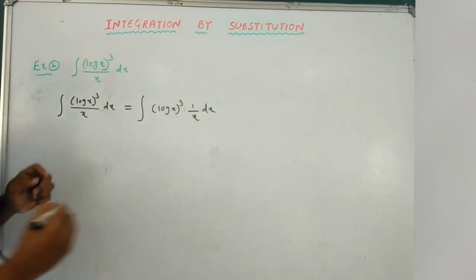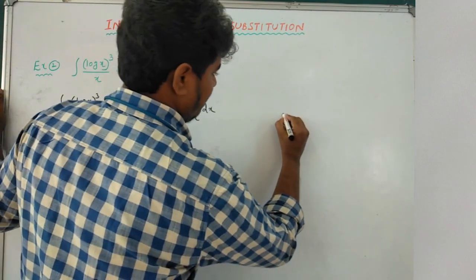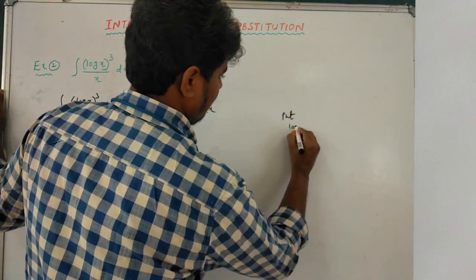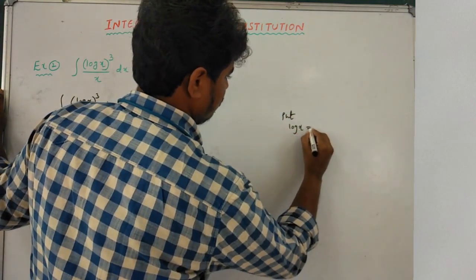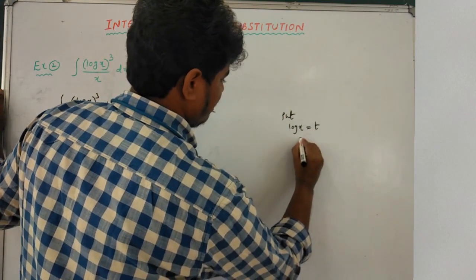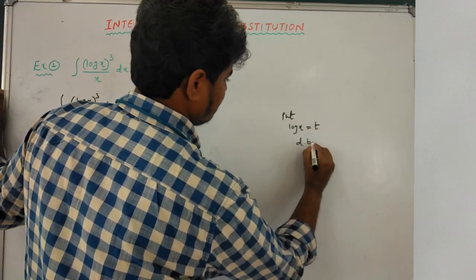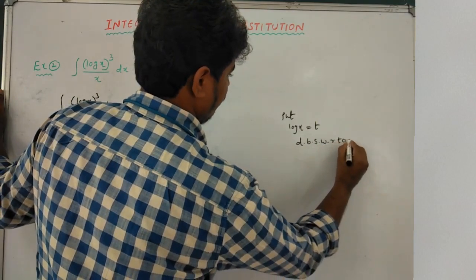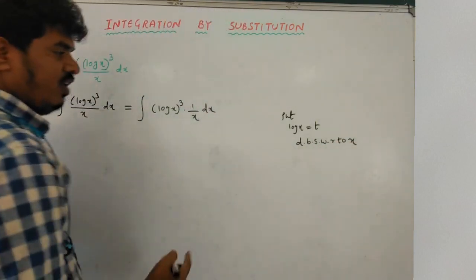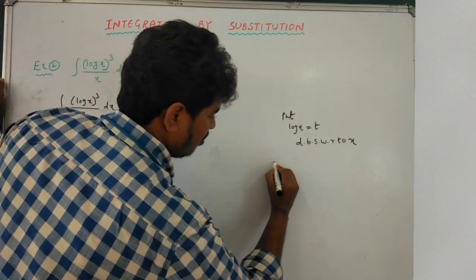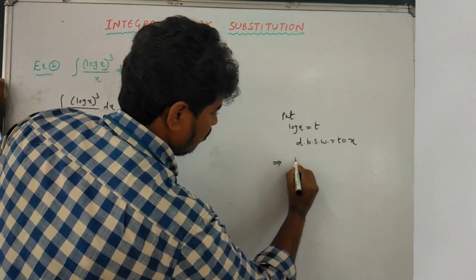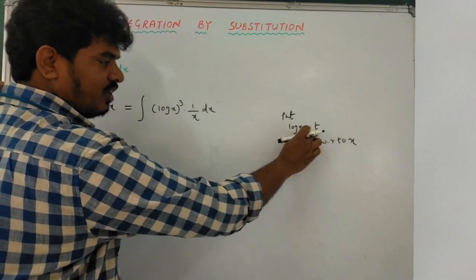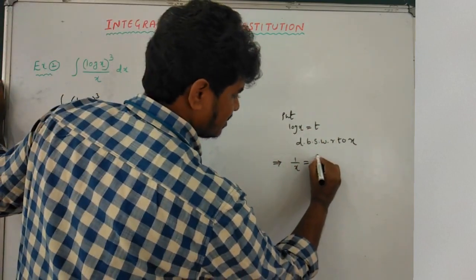So take log x equals t. Differentiate both sides with respect to x. The derivative of log x is 1 by x, and the derivative of t is dt by dx.